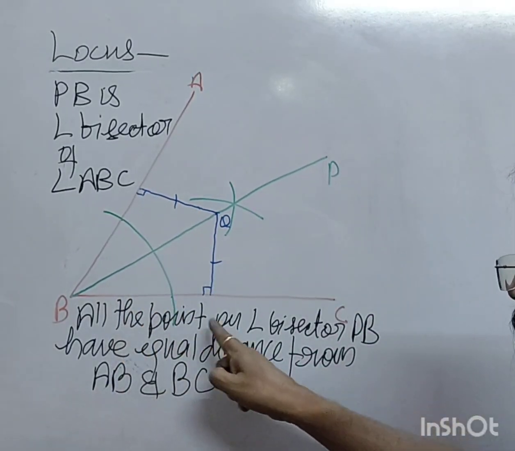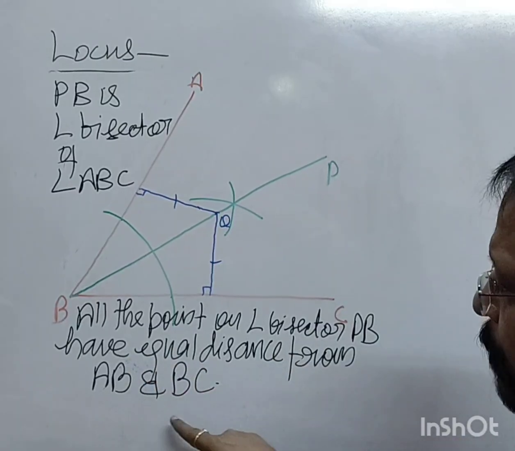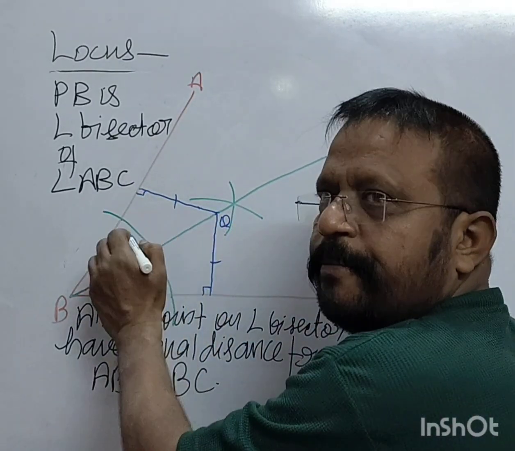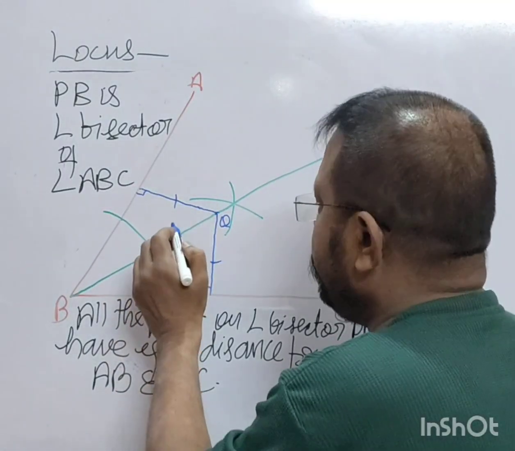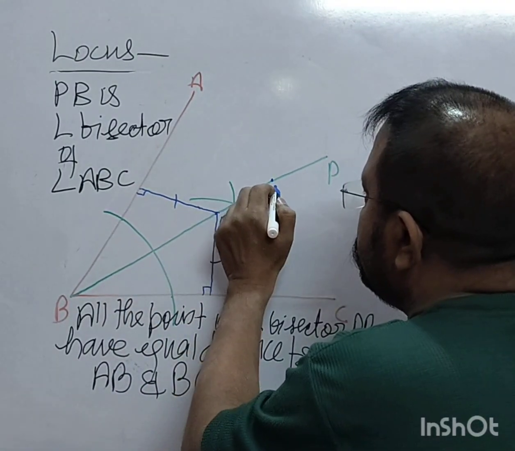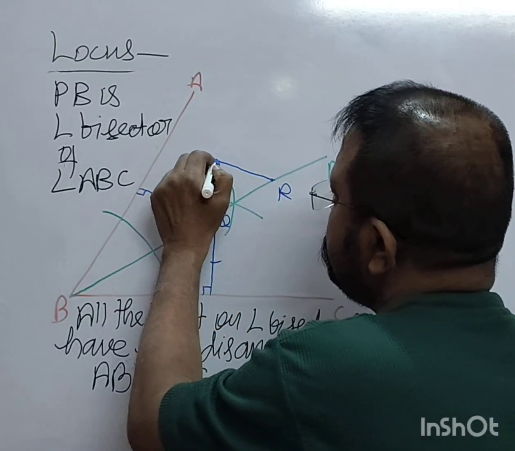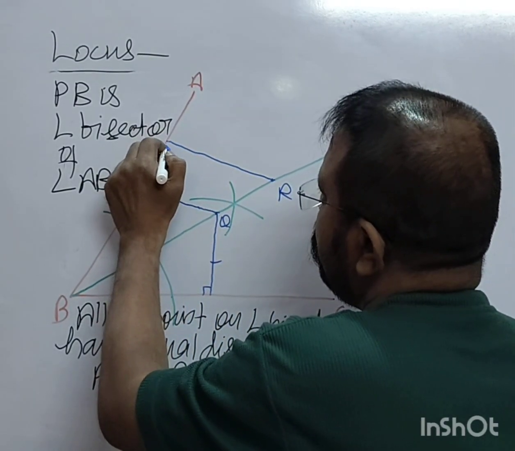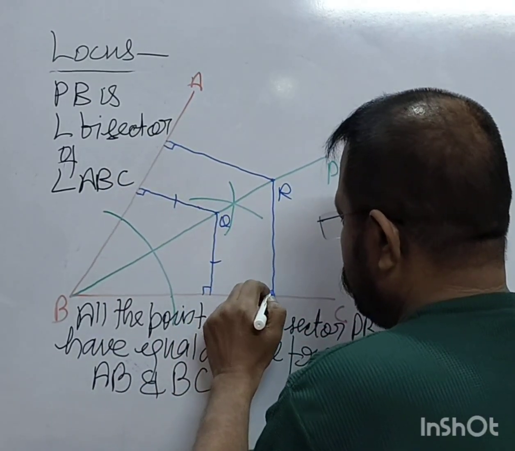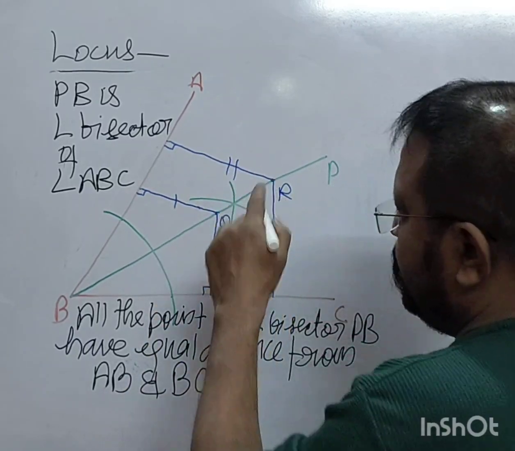I said all the points on the angle bisector PB have equal distance from AB and BC. So they will be equal, right? Similarly, if you take a point here, say R, you have equal distance. This is 90 degrees and this will be 90 degrees. So they will also be equal to this. You get it?